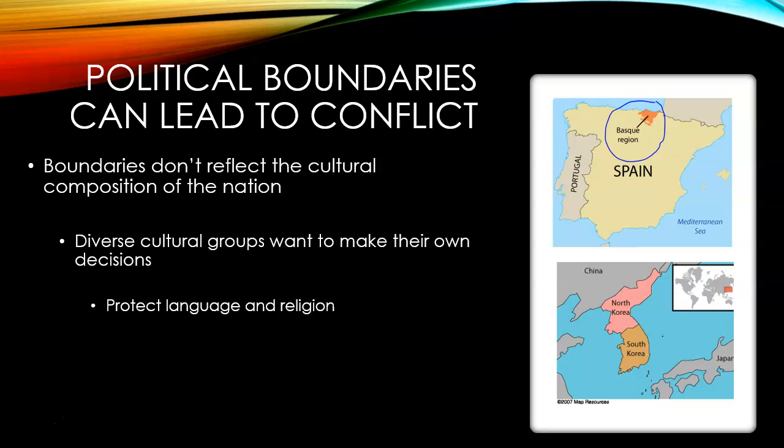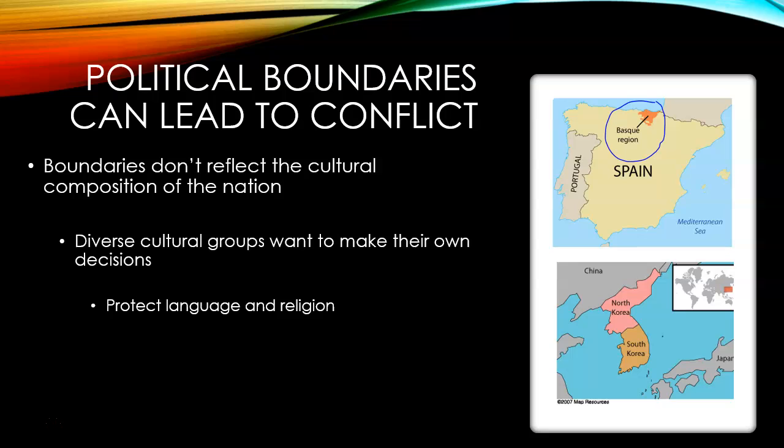The other example that they give us in the lesson are the Kurdish people, and the Kurdish people are in areas like Iraq, Iran, Turkey, and they're very different from those other areas as well. And a lot of times that will lead to conflict.